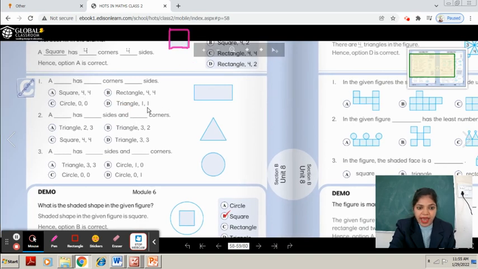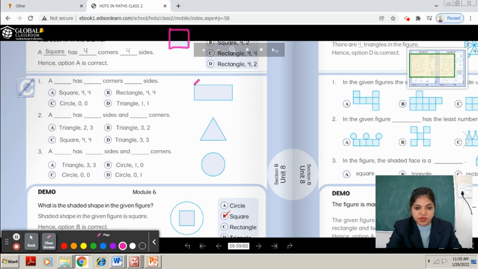Now, first question we have: a dash has dash corners and sides. Now tell me students, what is this? Yes, very good. This is a rectangle. Now we will count the corners and the sides. First of all, we will count its corners.